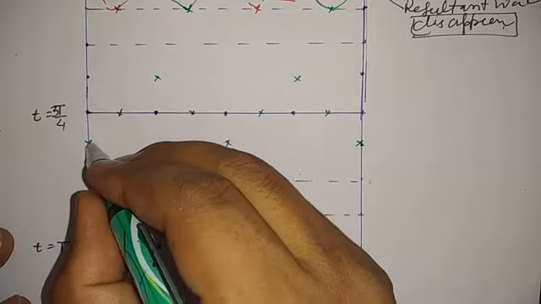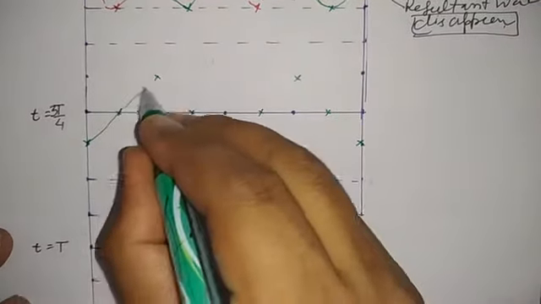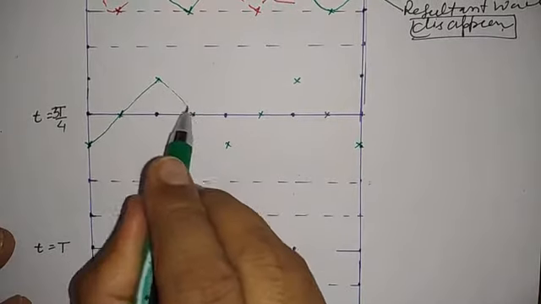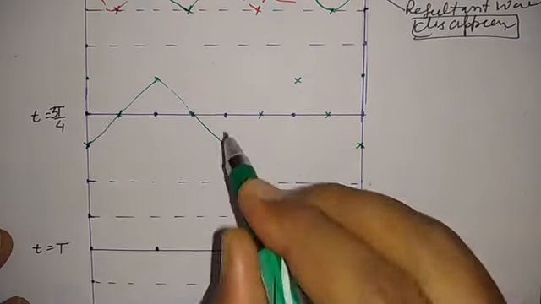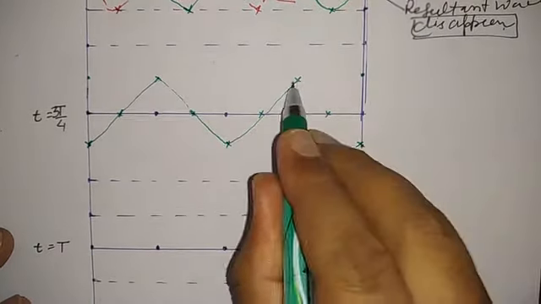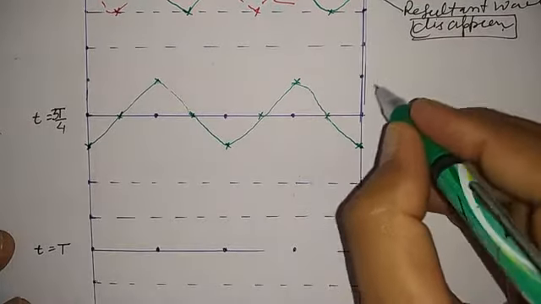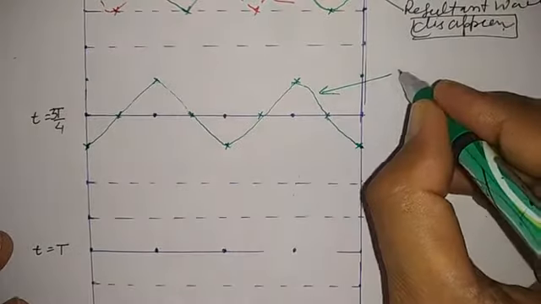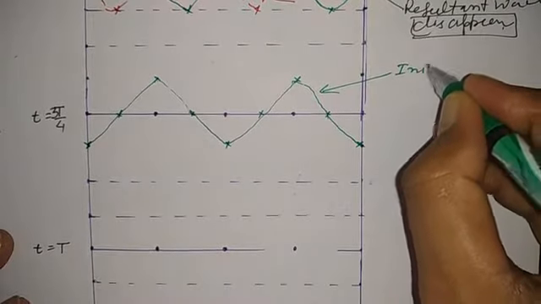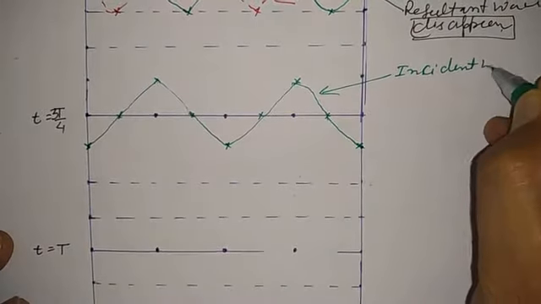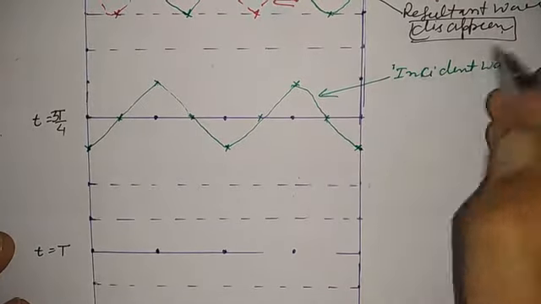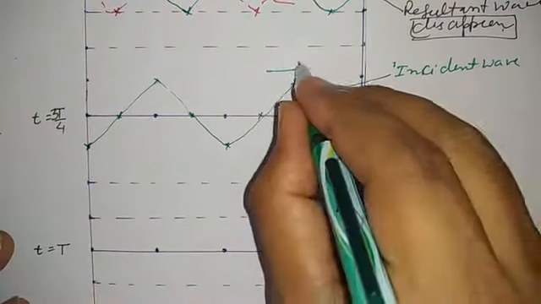So when we join it with freehand, see the equation of the cosine incident wave is here. So it is the equation of the incident wave traveling in this direction.